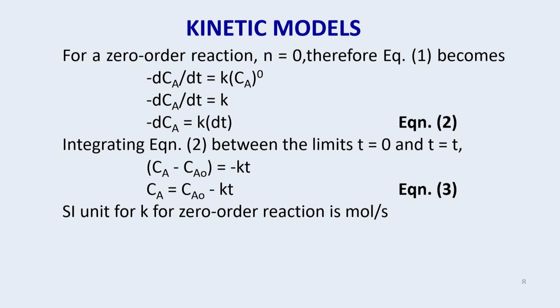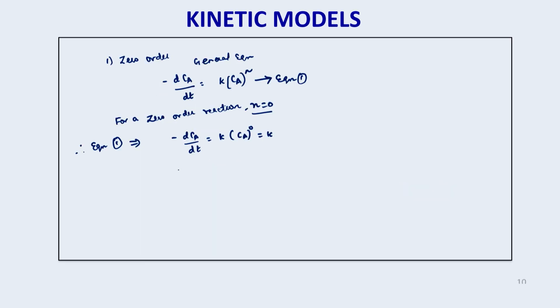So we can bring the dt to the right side and integrate. That is minus dCa is equal to K into dt. So this is equation number 2. Integrate equation 2 between the limits t equal to 0 and t equal to t.